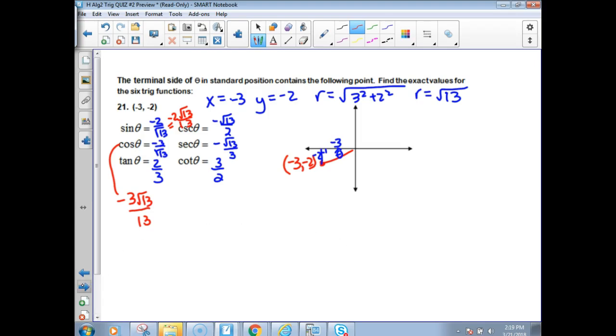Anybody still need this? Pardon me? No. You need, which one? What's it say? CSC. That is cosecant. What about it?